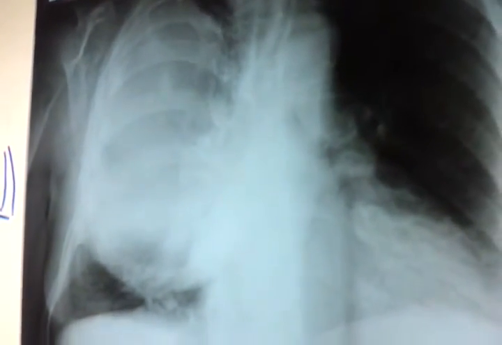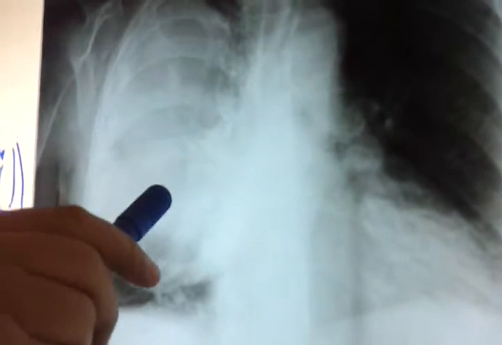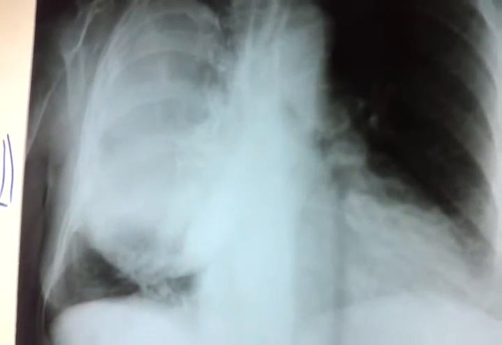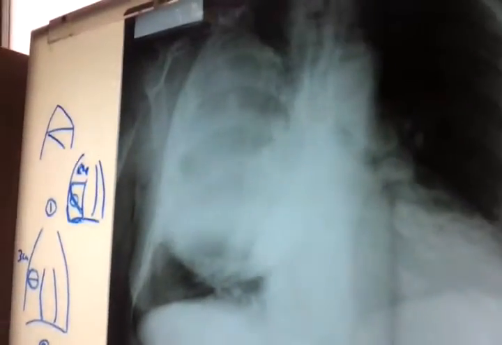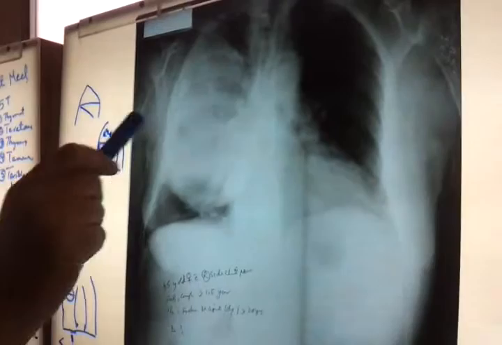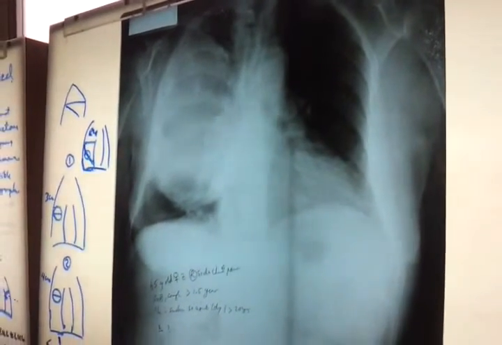Hydatid disease. Usually, if you find hydatid disease in the lung, nearly 20 to 40%, you will find hydatid in the liver. If you see hydatid disease or cyst in the liver, nearly 5 to 10%, some say 20%, you get hydatid in the lung.